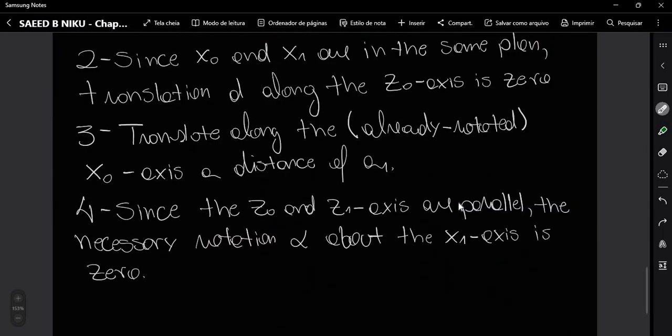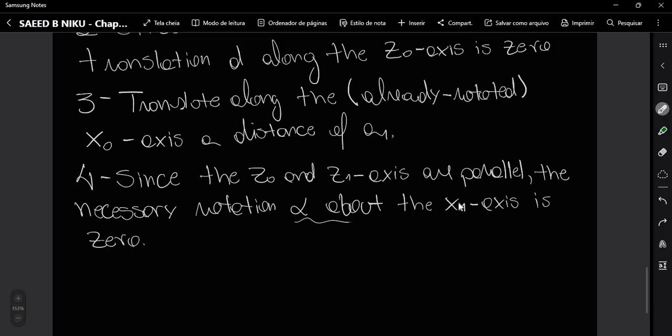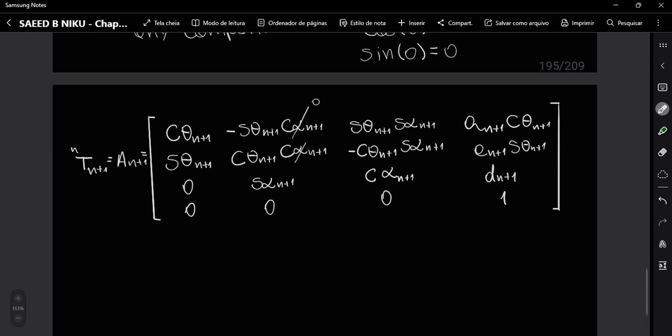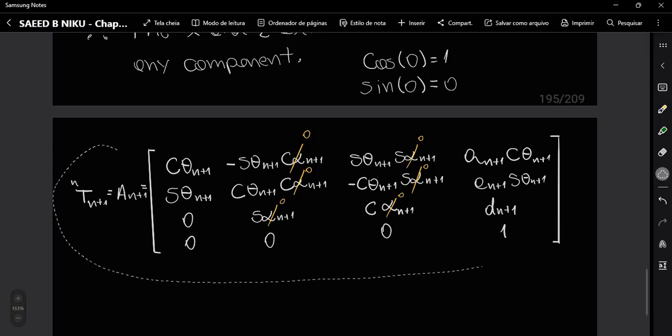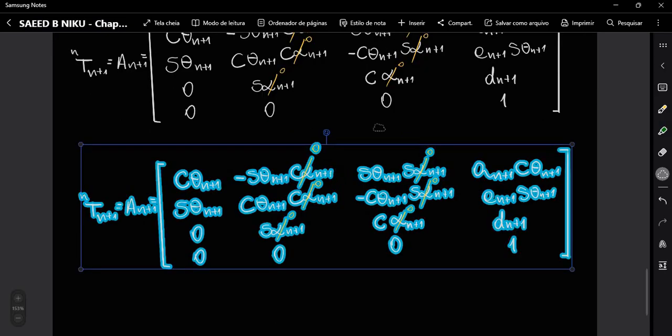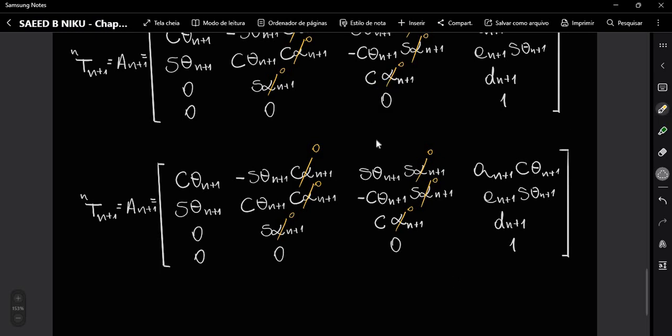Okay, so the rotation alpha about the x1 axis is 0. So alpha is 0. So cosine of 0 is 1.